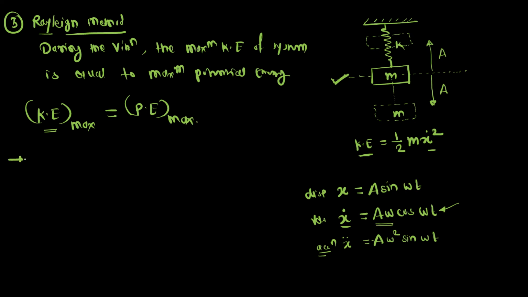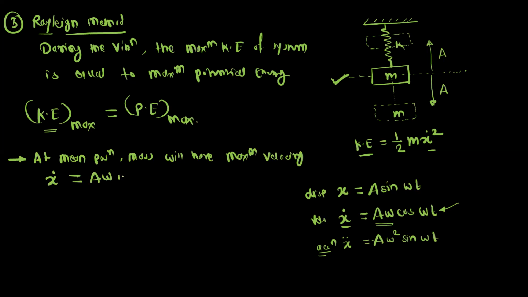Therefore, at the mean position, mass will have the maximum velocity, and this maximum velocity, our equation is x dot, that is equal to A omega cos omega t, and at the mean position the angle omega t, it is 0. So this is A omega cos 0, and that is equal to A omega. Okay. So this is the maximum velocity.